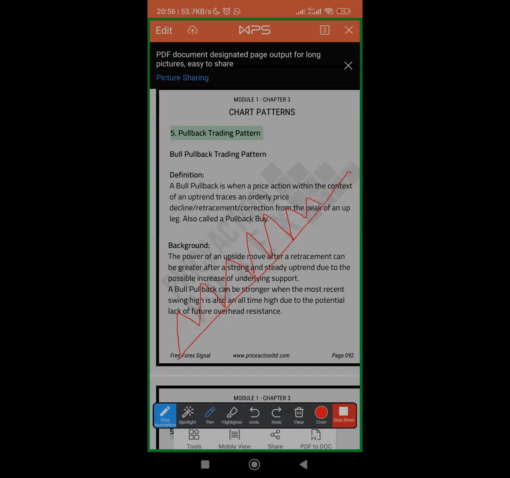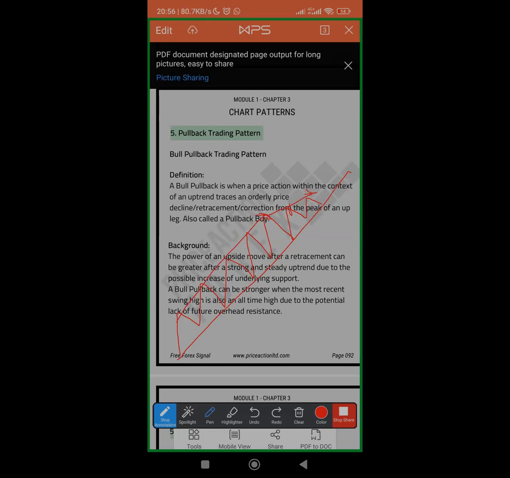If you connect these three, this one, this, and this, you can see a rising wedge here. But if you connect here to here, it's not a rising wedge because they are not converging.